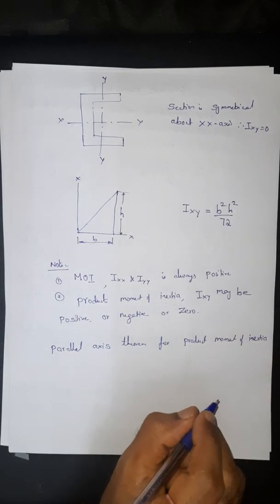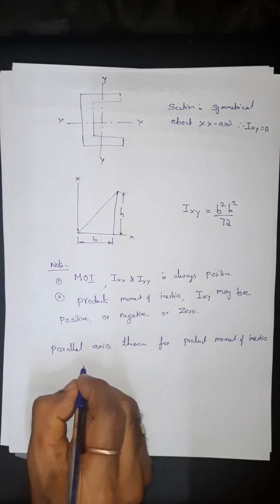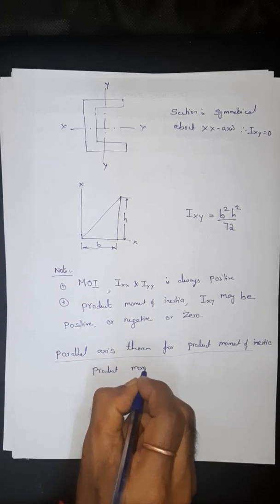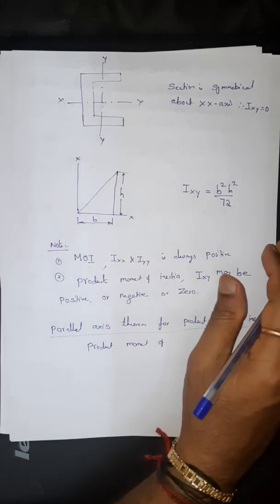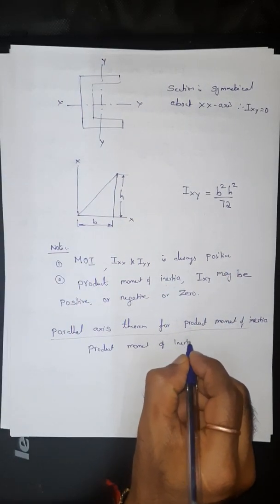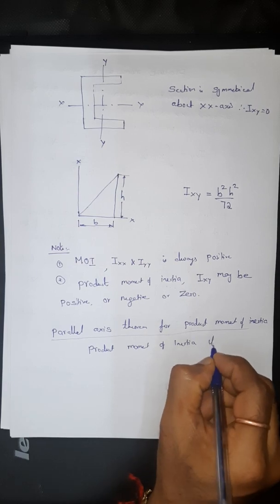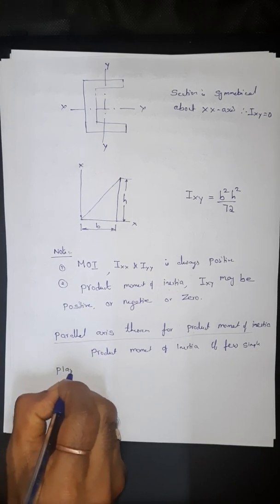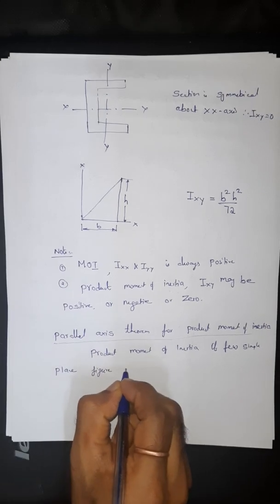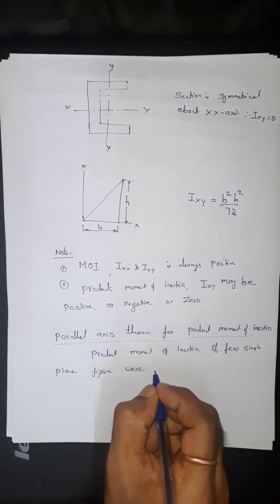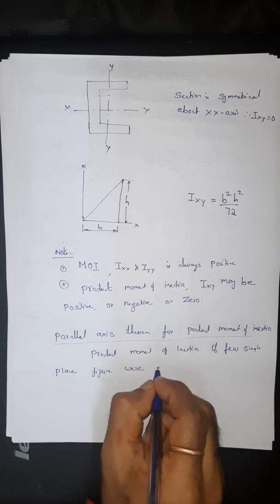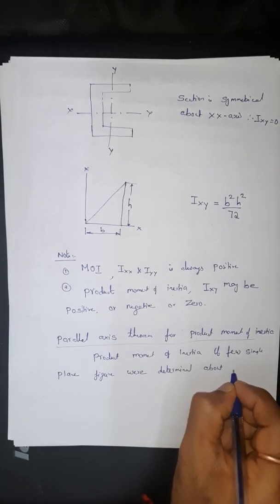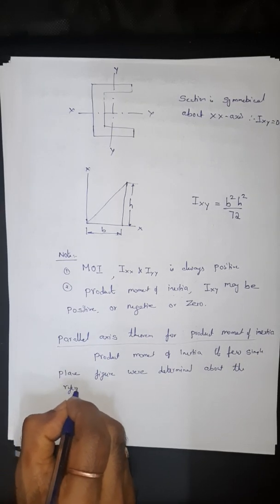If the product moment of inertia of a few simple plane figures were determined about the reference axis, that is Ixx and Iyy.